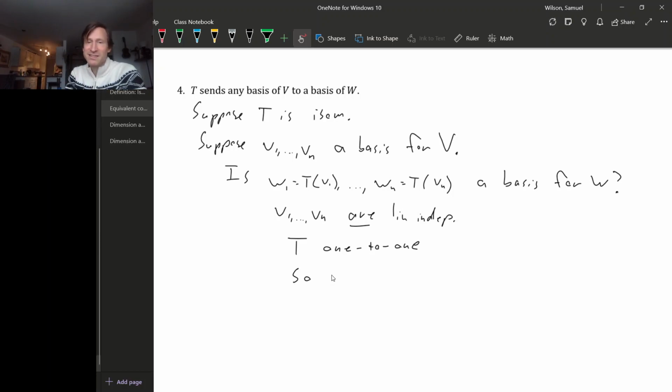So T of V1 through T of Vn are linearly independent, but those are the W's. So W1 through Wn is also linearly independent.